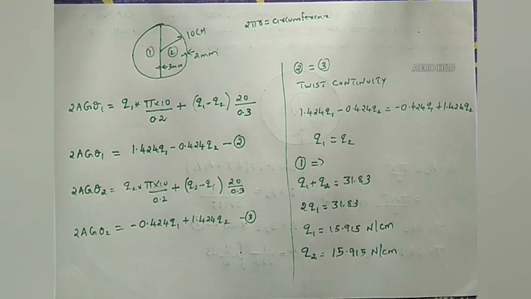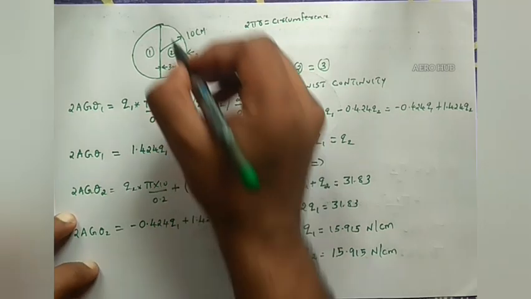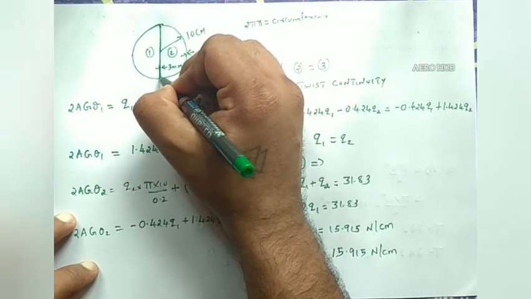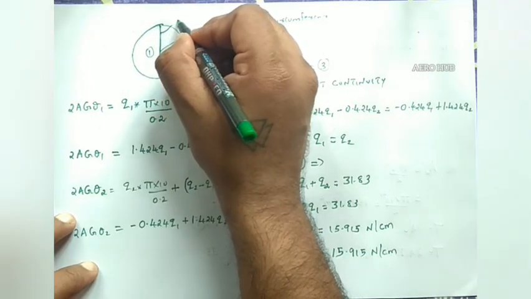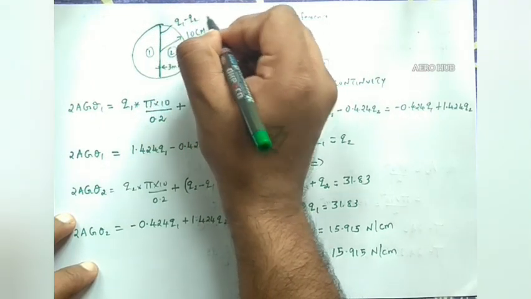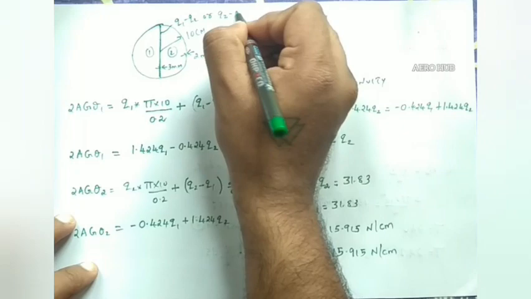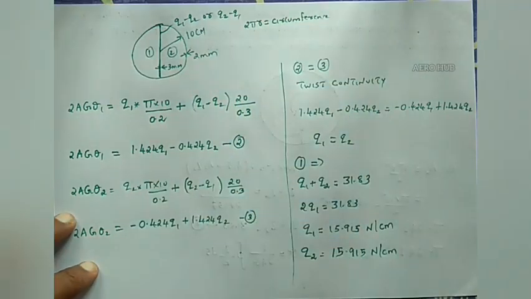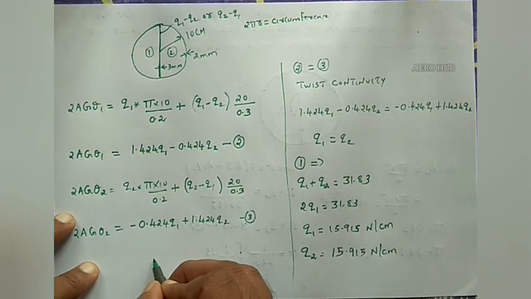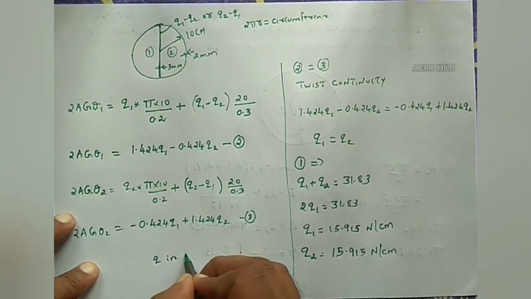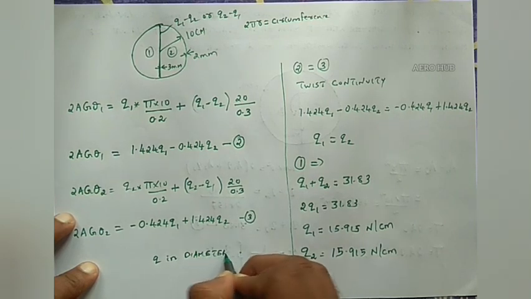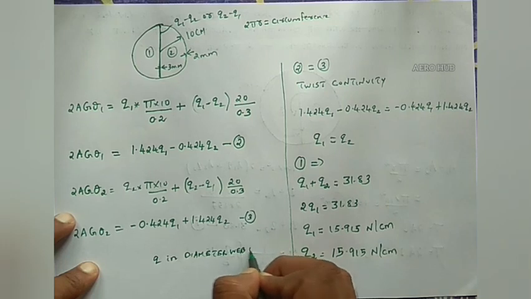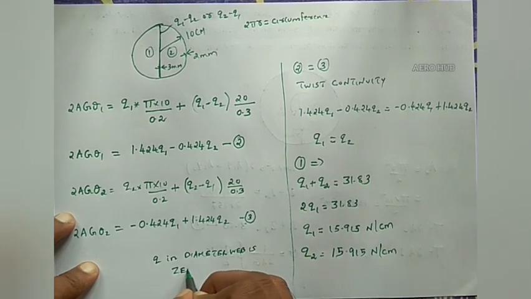And what about the shear flow in this diameter web? Okay, if you consider diameter web as either Q1 minus Q2 or Q2 minus Q1, the answer will be the shear flow in diameter web is 0, since Q1 and Q2 are equal.